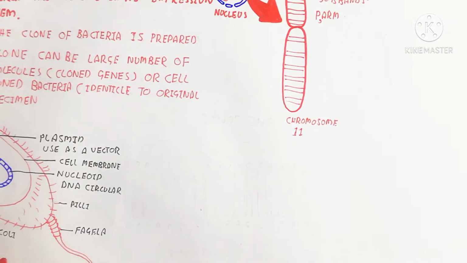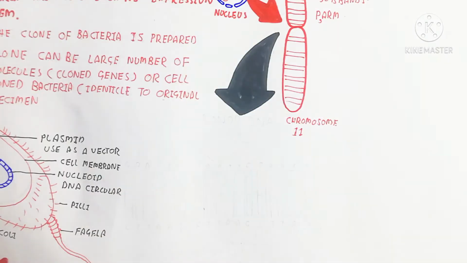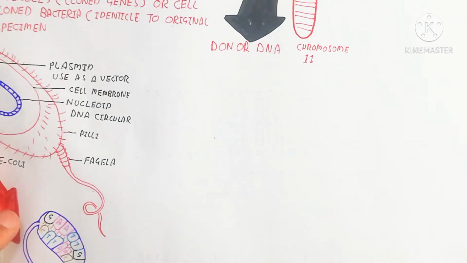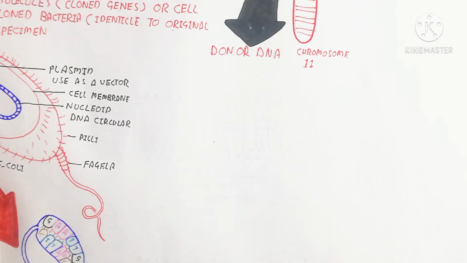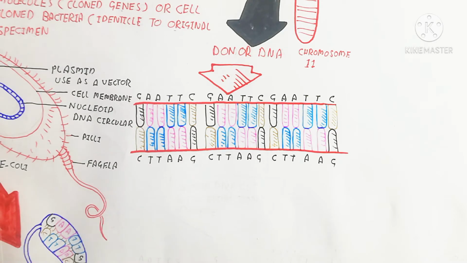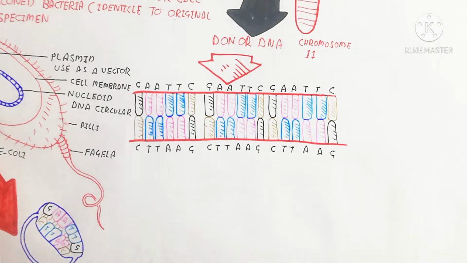So here is the tissue of the pancreatic cell. This pancreatic cell contains the islet of Langerhans. The islet of Langerhans contains beta cells, and each beta cell contains a chromosome. See, this chromosome will be separate, chromosome number 11.